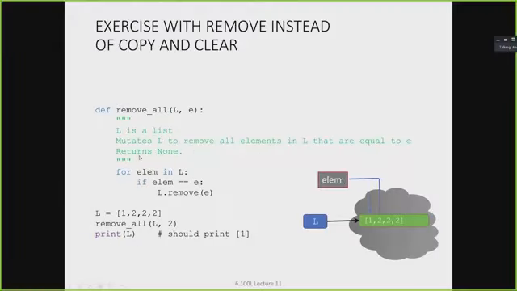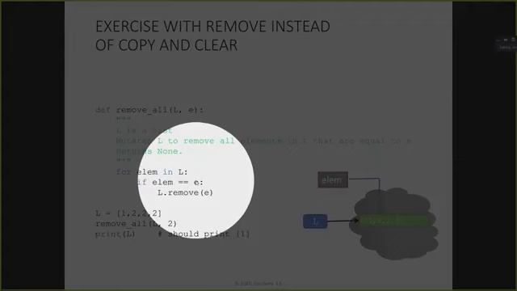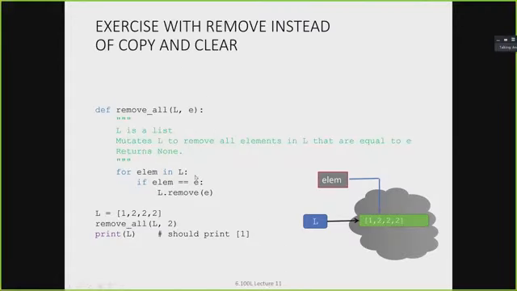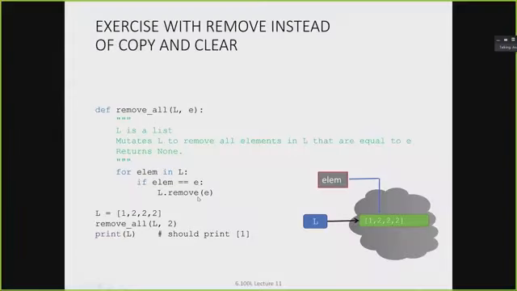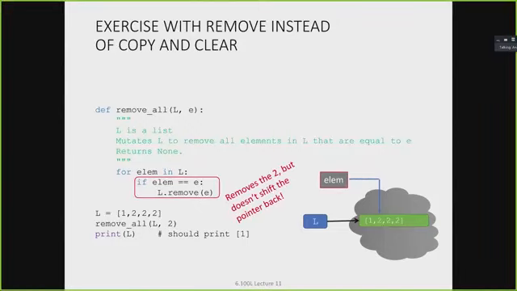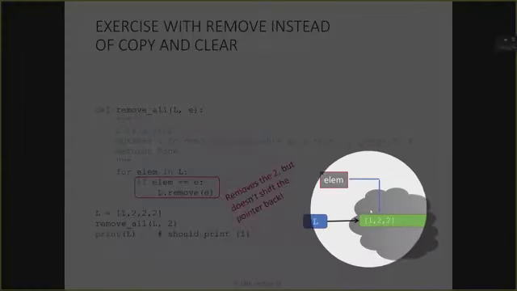Next, the for loop goes on to the next value in my sequence, the 2. So now lm is 2, and if lm equals e, it does equal 2, so what am I going to do? Well, I need to do L.remove(E). So this is where bad things happen. I'm going to remove an element from my list. So I still have those 3 2s in there. But as soon as I drop one of the 2s, all the elements beyond that 2 shift over. But Python doesn't know that it should also shift over the pointer.